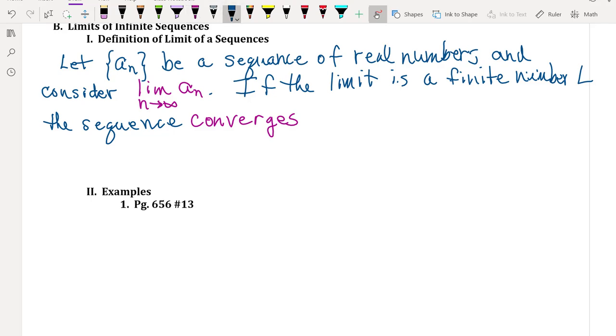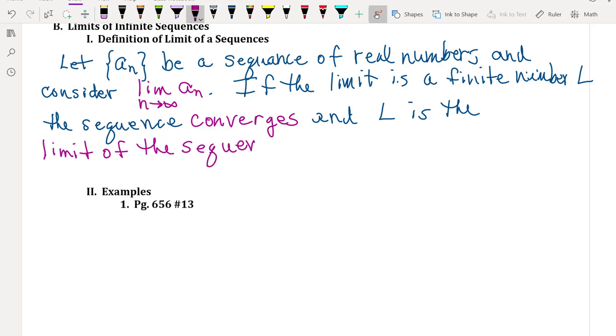And the finite number, and that number L is the limit of the sequence. Okay?